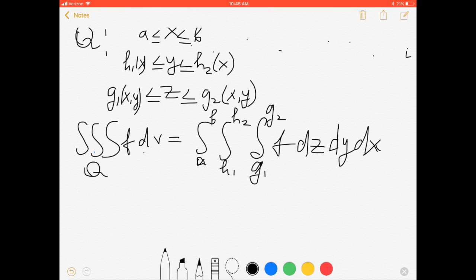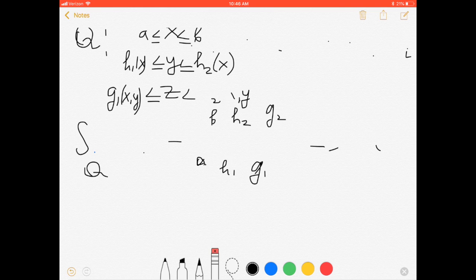How to solve this integral? It's no problem, you can do it, right? Okay, let's see some examples.